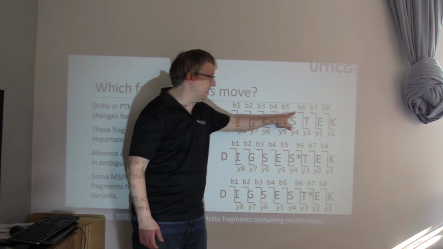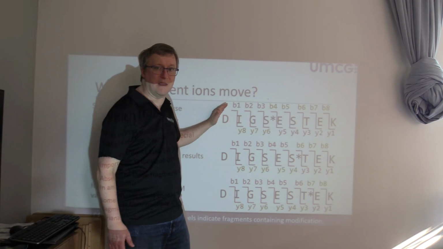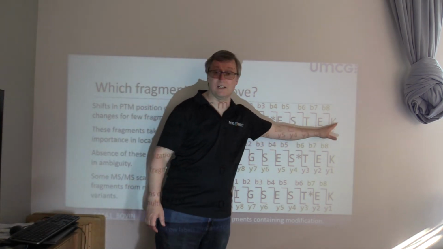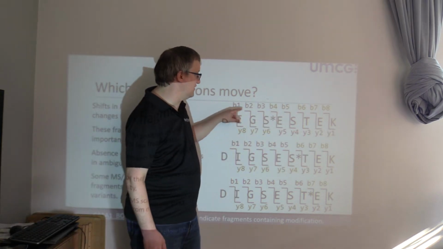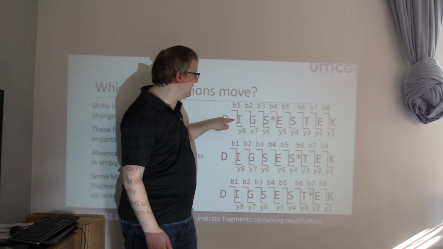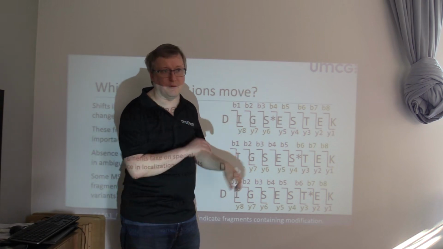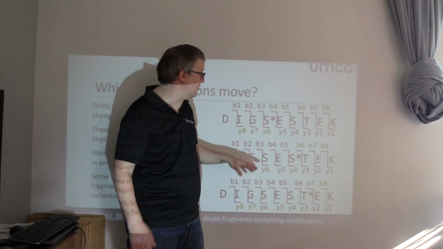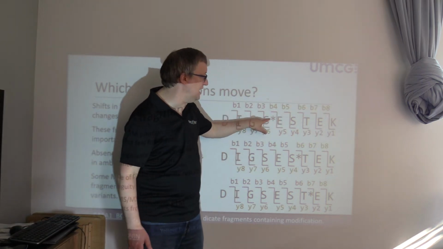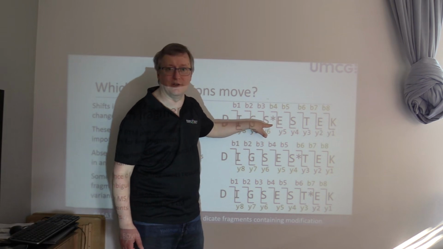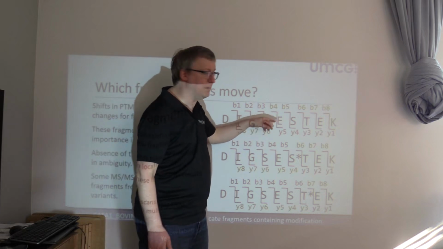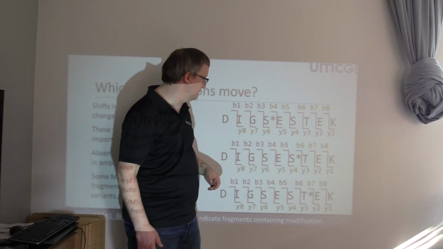B ions represent the N-terminal fragments from the peptide, and the Y ions represent the fragments that include the C terminus. In this case, we see that B1, B2, and B3 have exactly the same mass as they would if there were no modifications on board at all. But B4, B5, B6, B7, and B8 all contain this phosphorylation. Therefore, their masses are 80 mass units higher than they would be if there were no phosphorylation present.